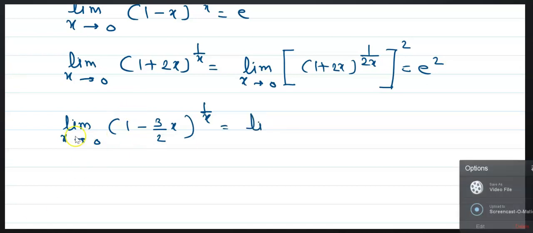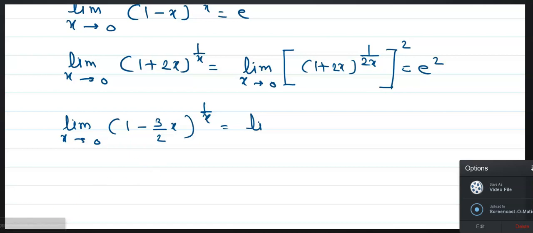Now here is limit x tends to 0, 1 minus 3 by 2 x. Here we must require the reciprocal of minus 3x upon 2. What is the reciprocal of minus 3x upon 2? It is minus 2 upon 3x.